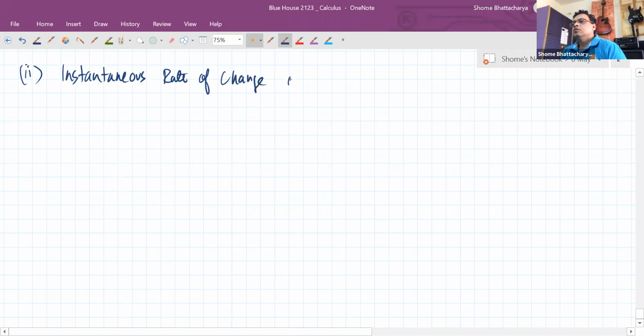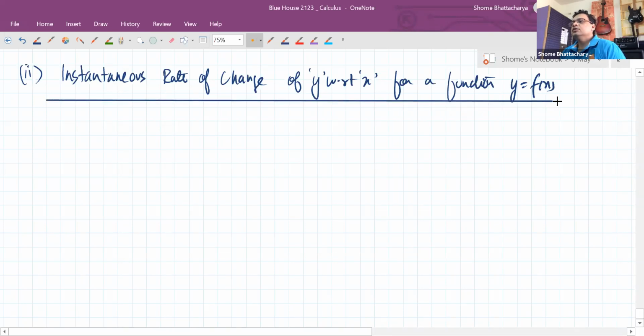Of y with respect to x for a function y is equal to f(x). Now today we will see the proper calculus definition of this. According to the proper calculus definition, this quantity, instantaneous rate of change, is given a special symbol.